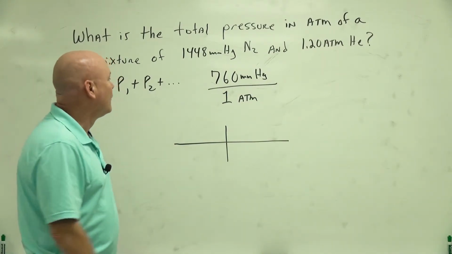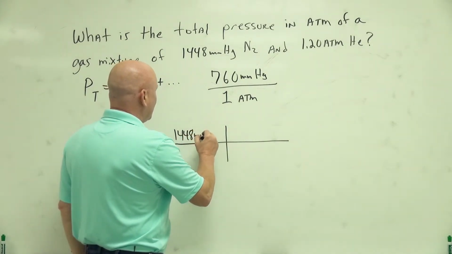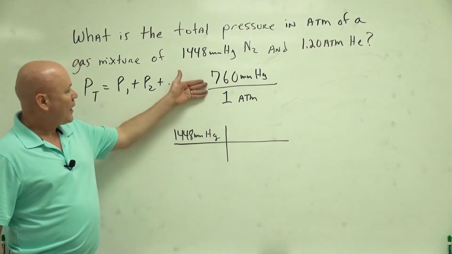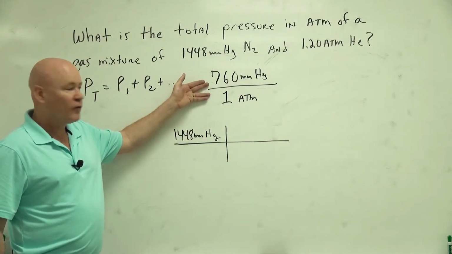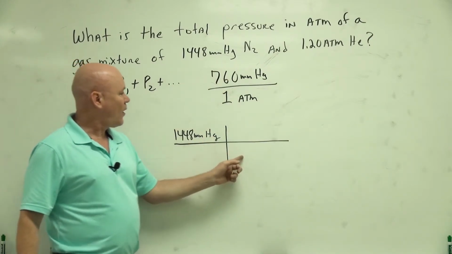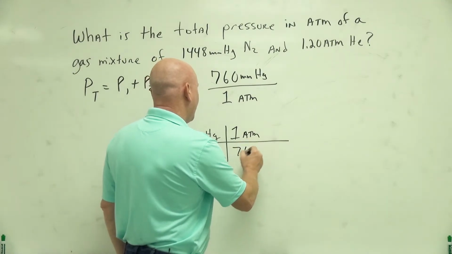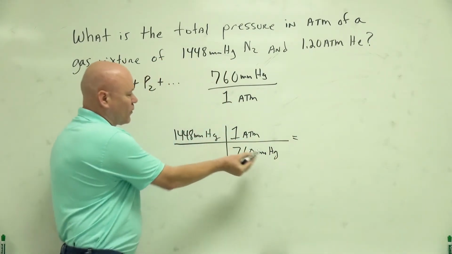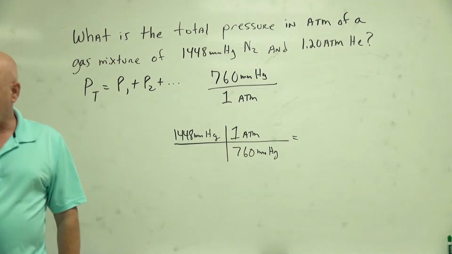We start out with our measured number, 1448 millimeters mercury, and we have to flip the conversion factor over so that millimeters mercury ends up on the bottom so they can cancel. Sure enough, millimeters mercury cancels millimeters mercury, and we end up with atmospheres, which is what we are looking for.